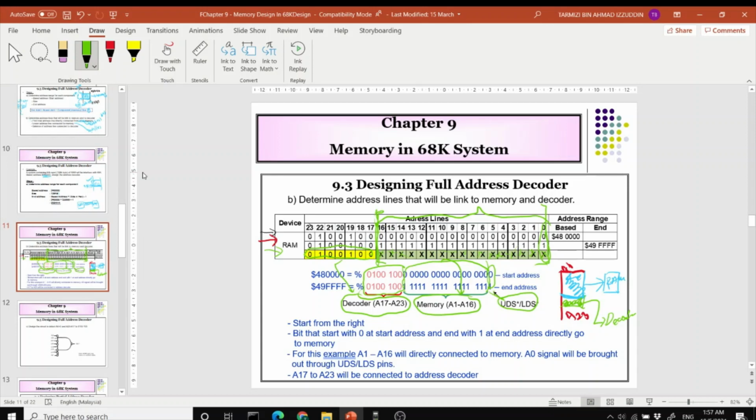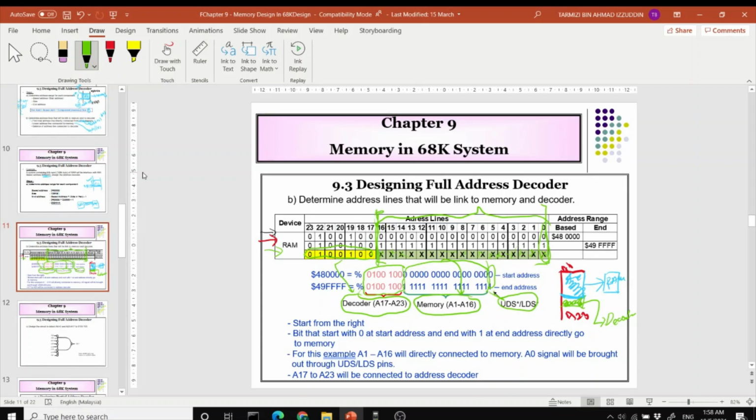So that's how you figure out which address line or address bit you need to connect directly to the peripheral or your RAM or ROM, and which part can be connected to your decoder.